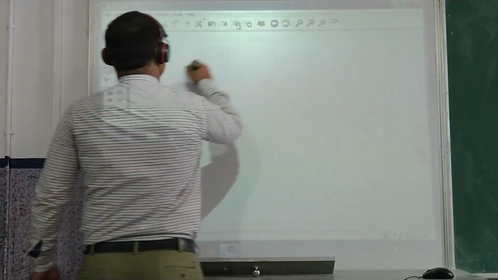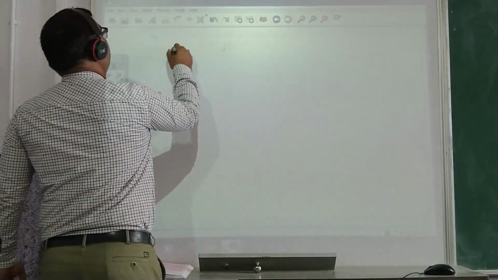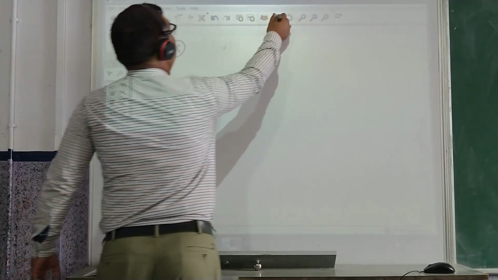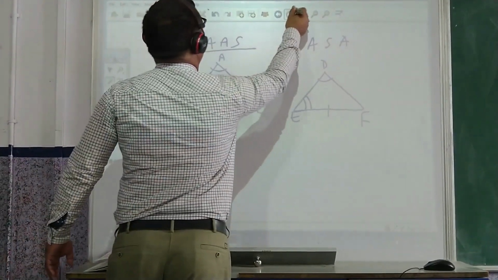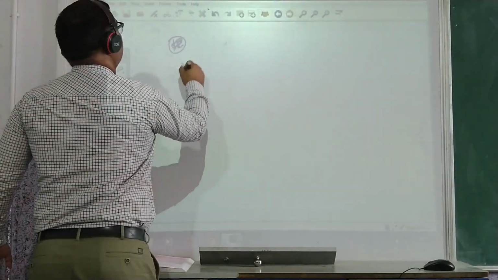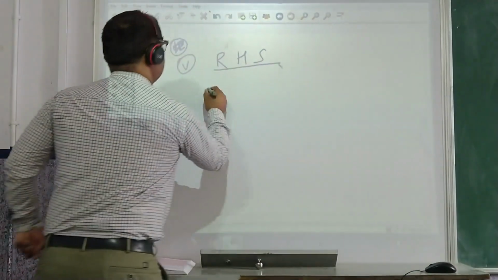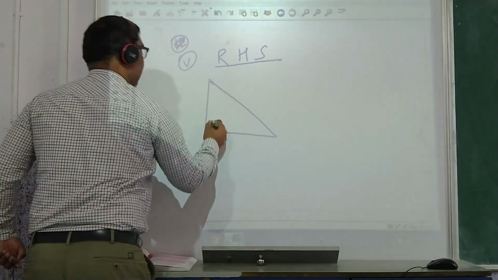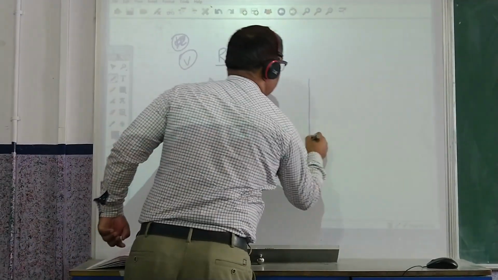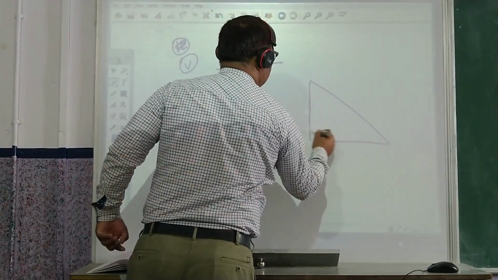The last one is RHS. This is valid in right angle triangles.